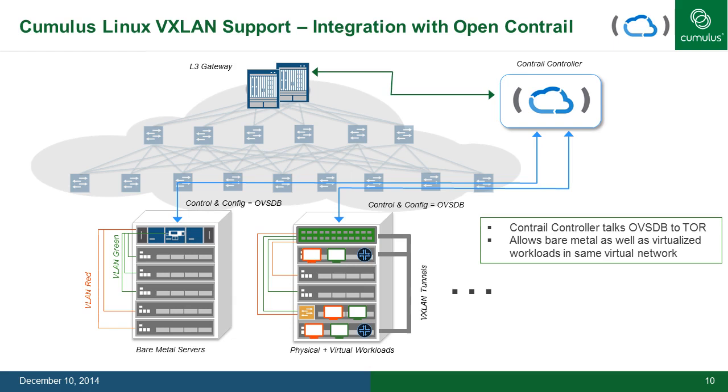This is a type of insertion point for something like Contrail's controller to communicate with the Cumulus top-of-rack switch and other third-party switches through standards-based and industry vendor-agnostic protocols. That allows us obviously to create a transition environment so that customers who have a mix of bare metal servers as well as virtual machines and physical workloads can now look at this holistically as a joint solution.